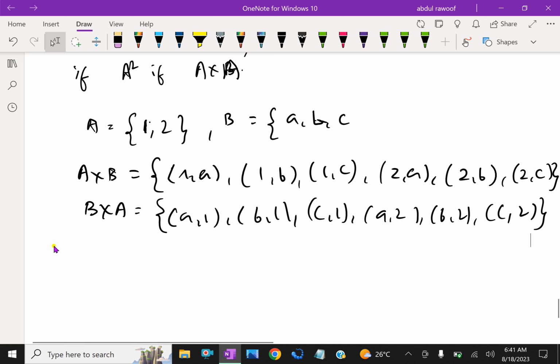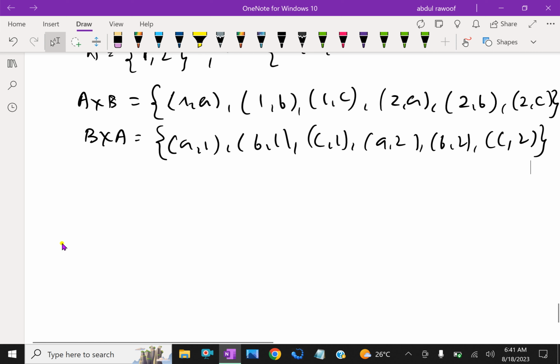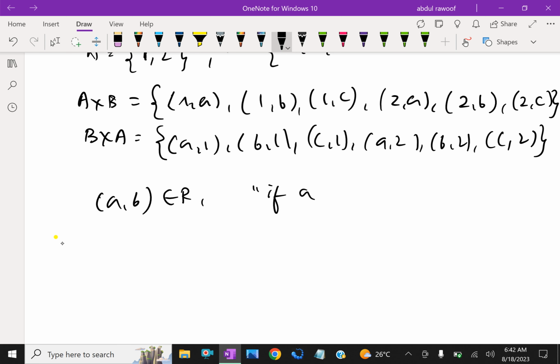Here, these are some relations we talked about. In symbolic form, suppose (a, b) is an element of R, then we say a is related to b, written as a R b.